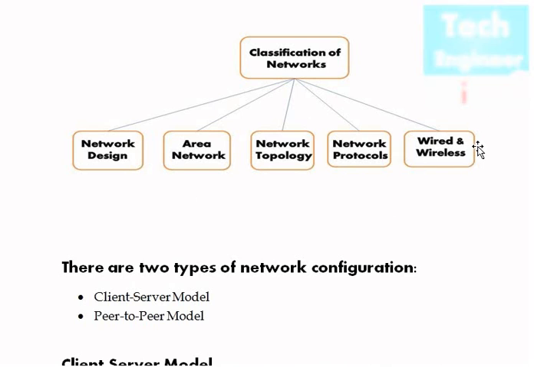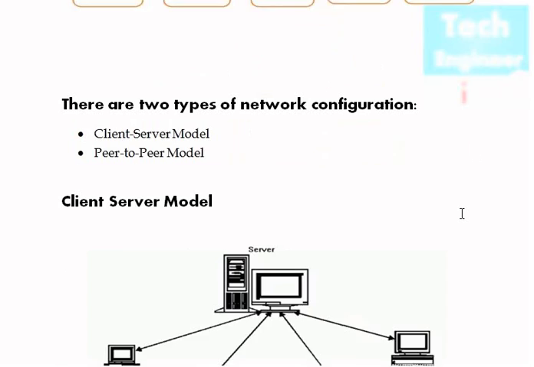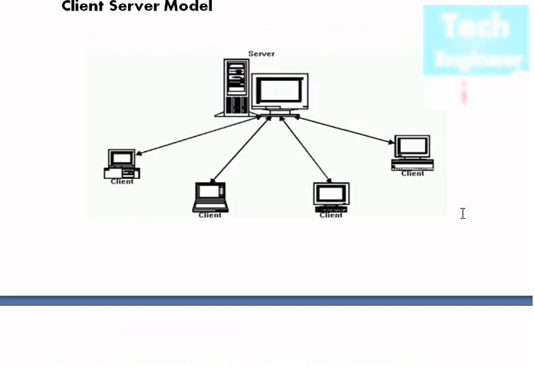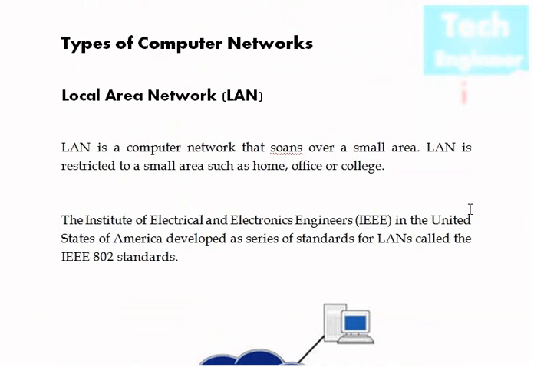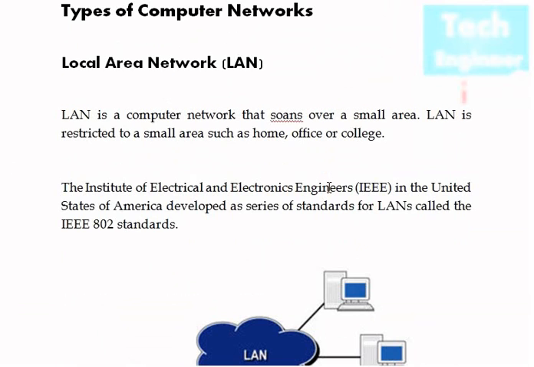Wired and wireless is simple theory, a practical part, and a type of device. So what we have to cover now is area network, and the first and most preferred computer network is the local area network.